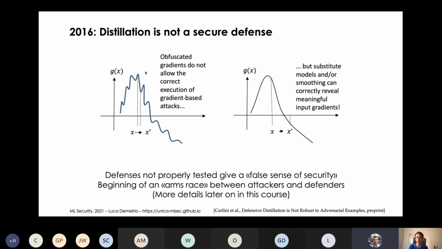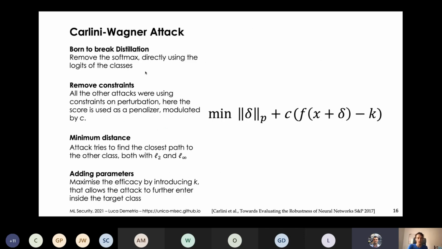So how did they break this? These two guys, Carlini and Wagner, but mostly Carlini, started to reason about new attacks for breaking defenses, and in particular distillation. The first thing, again, as I told you, they removed the softmax.